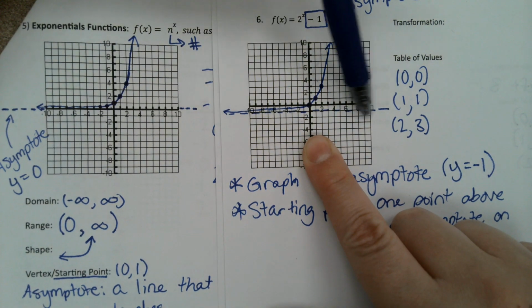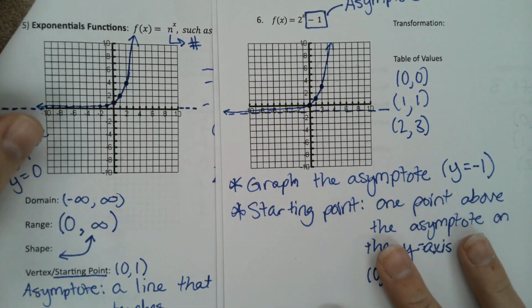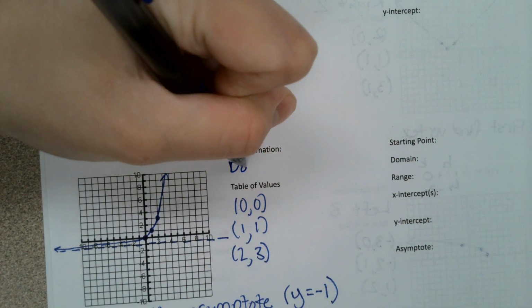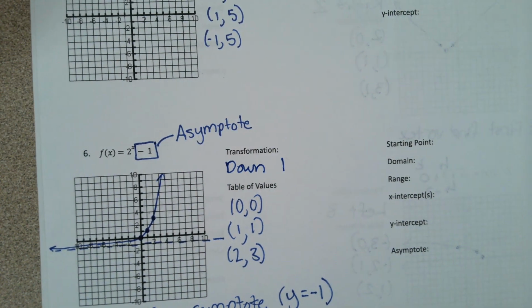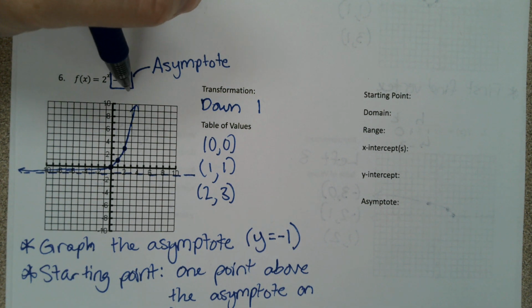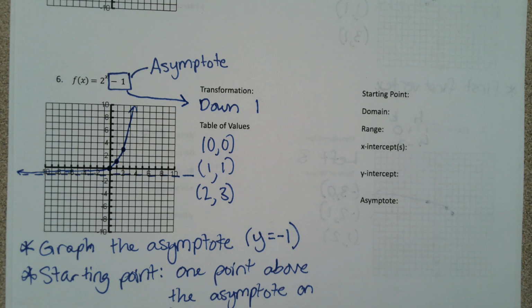Here, it's at -1 on the y-axis. So this graph moved down 1 unit. So here's the thing, this -1 is not only the asymptote, it's also the movement. So it has two purposes here.